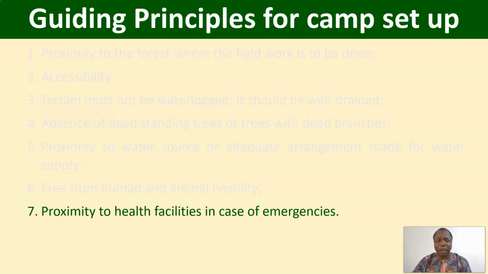In your camp, you have a first aid box that contains basic medication that will be required by the team. But in case of something beyond first aid, you should be able to access a health facility in a nearby community. So that is very, very important.